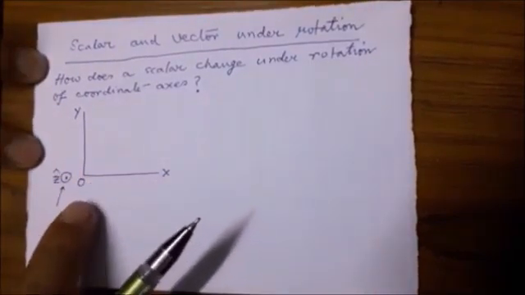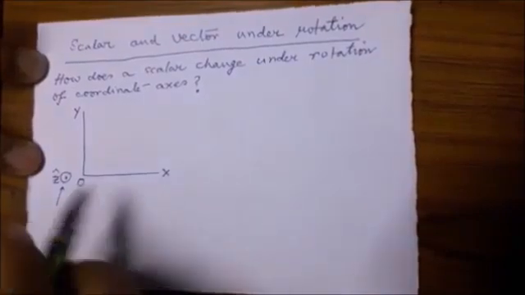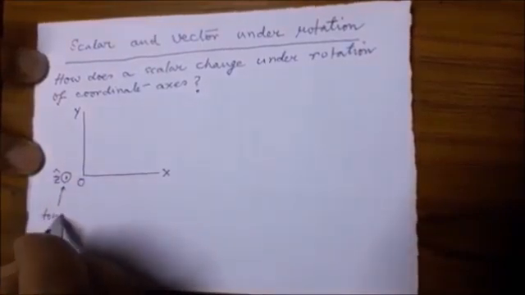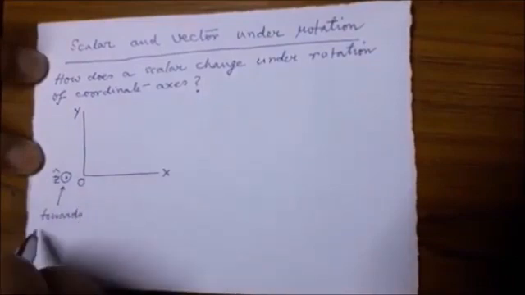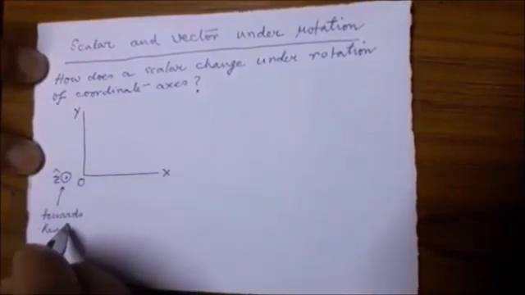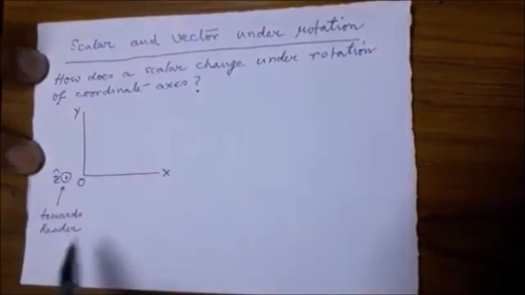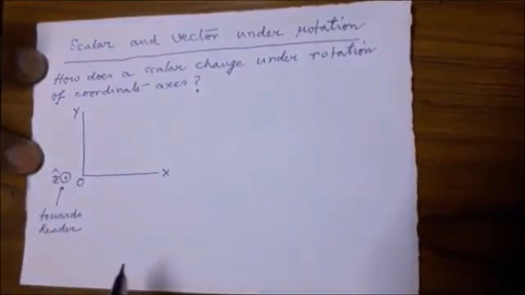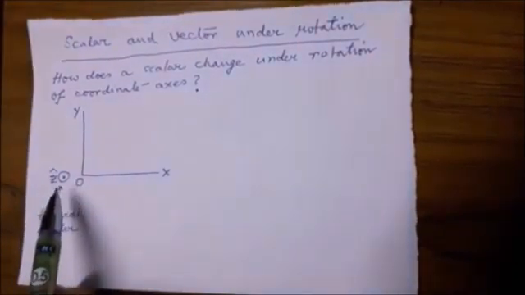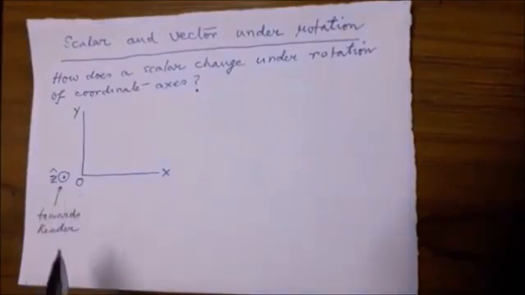It is away from the plane of the paper. So z cap is a unit vector pointing towards the reader. And this symbol is of Resnick and Halliday.